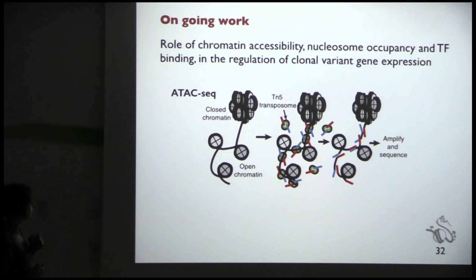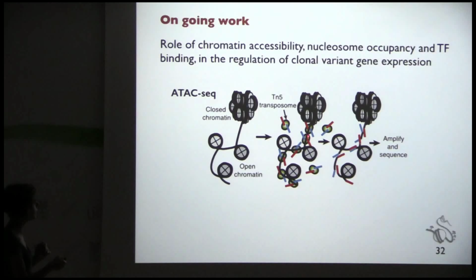This technique is based on the use of a transposase that is going to cut. These are nucleosomes, the DNA wrapped around the nucleosomes, and then these are several nucleosomes in a region of very packed chromatin. So this transposase that is here, that is linked to adapters, is going to cut all the regions that are nucleosome free, so they don't have nucleosomes and they are open.